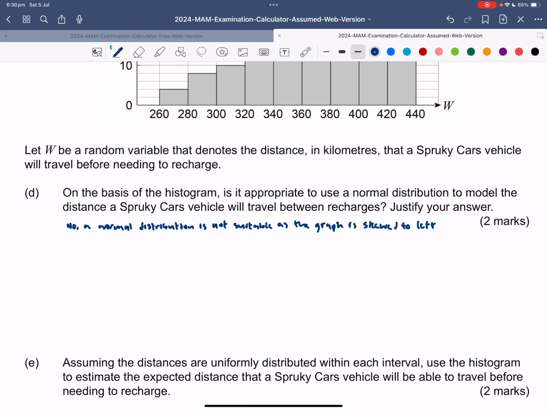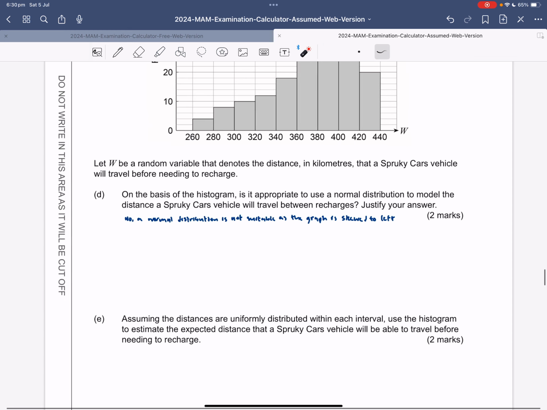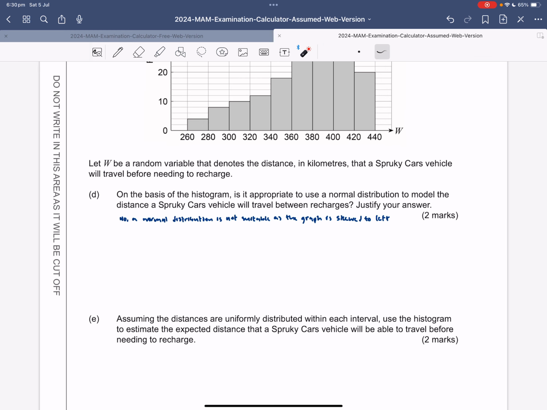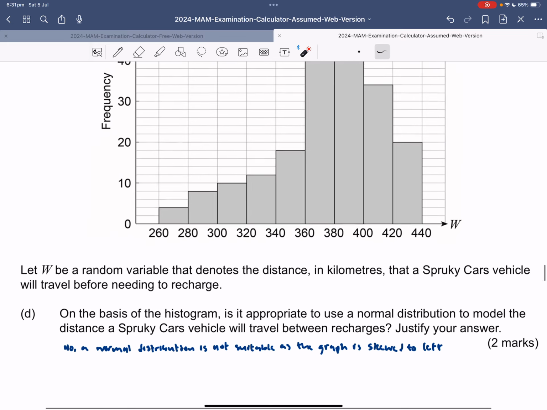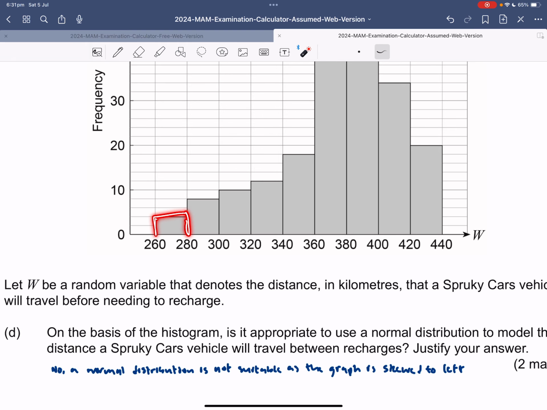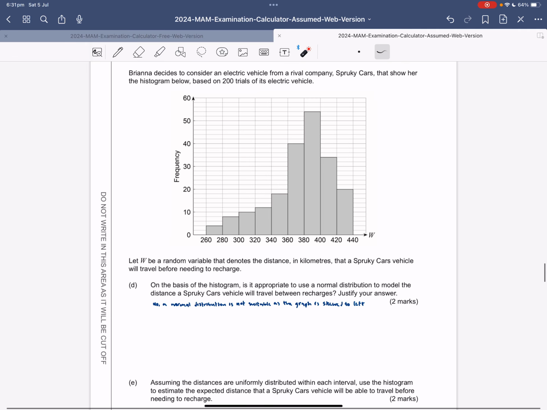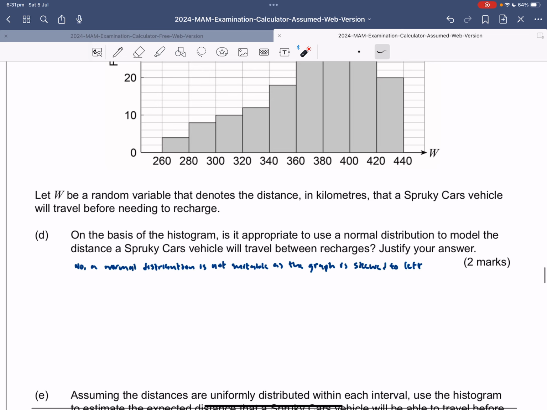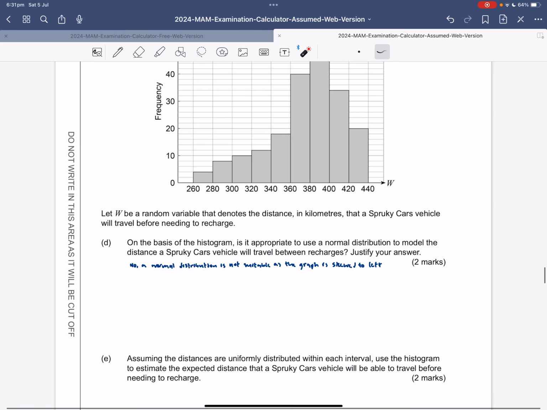So, assuming the distances are uniformly distributed within each interval, what does that even mean? It just says that you can see how there are 4 people between 260 and 280. So we just have to assume that the 4 people there are equally spread. Like one's at 260, one's at 265, one's at 270, one's at 275, etc. We assume everyone is uniformly spread within that interval.